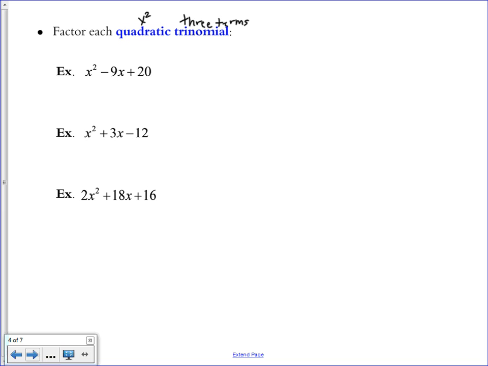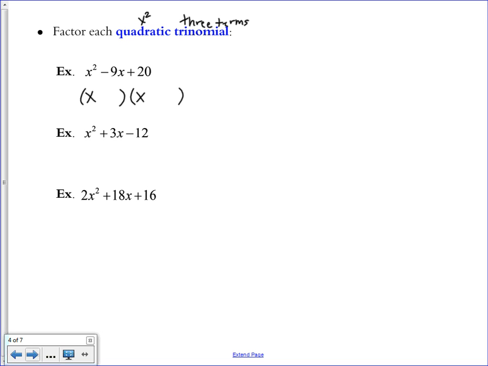So we want to unfoil this. We want to rewrite this as a product of 2 factors. So we're going to set up these 2 parentheses, which would have been the 2 factors that led to this result. And we know that the first thing you do in binomial expansion is multiply the first term in each parentheses together. So x in the first parentheses and x in the second parentheses would give us x squared.